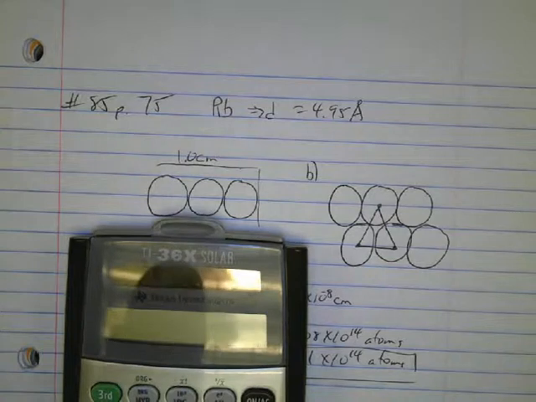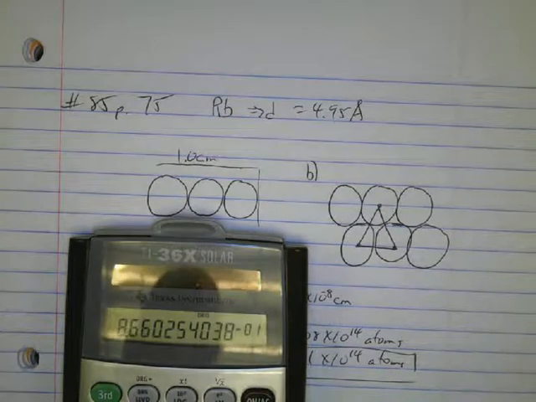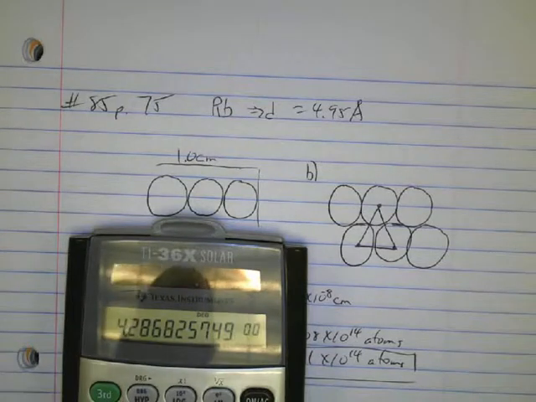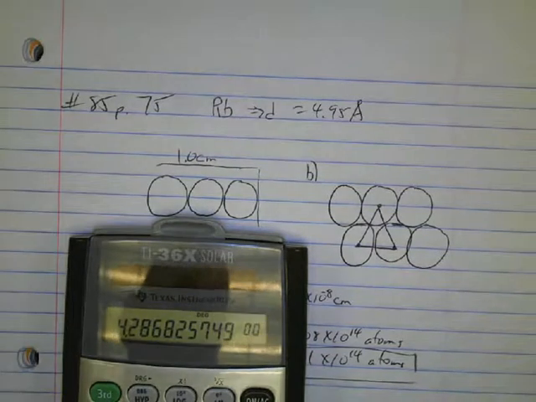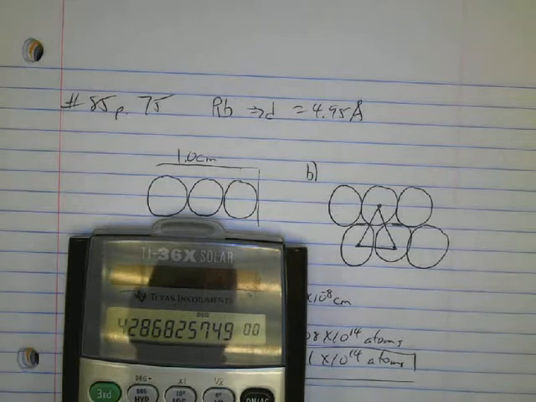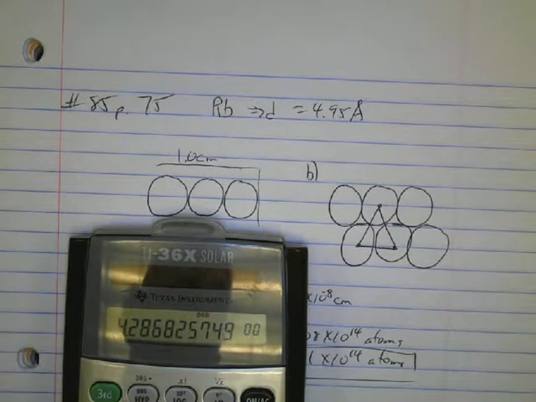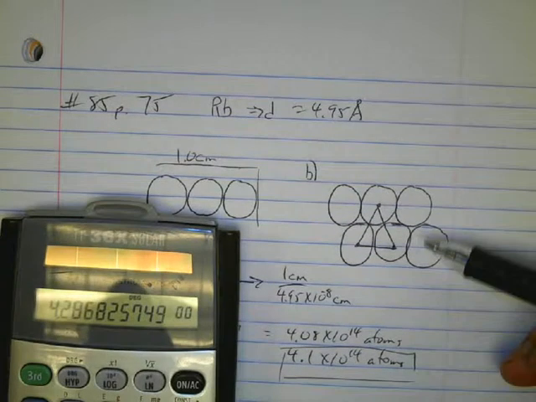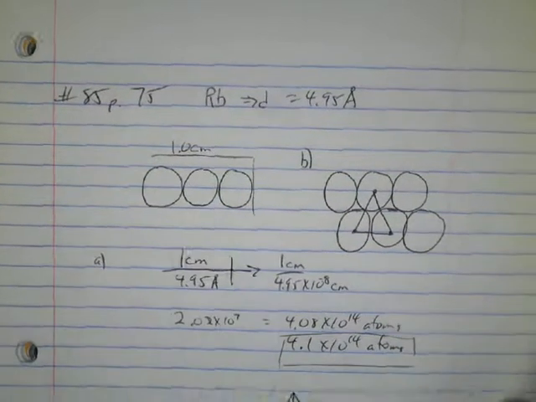Let's look back up at this picture right here. Oh, I've done all that off the page. Sorry about that. Take a look at what I did here. I've essentially solved that this is 4.287 angstroms. What does that information tell you about this?